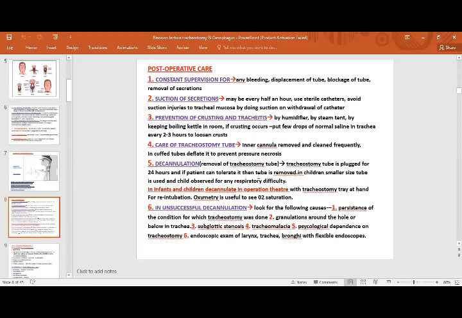And later on, of course, we need to teach the patient that whatever he feels, if he is having any problem, he can write. If he can't write, he can tell with some signals. And another important thing: after tracheostomy, the first 24 hours are very important, because there might be some retained secretions present over there.